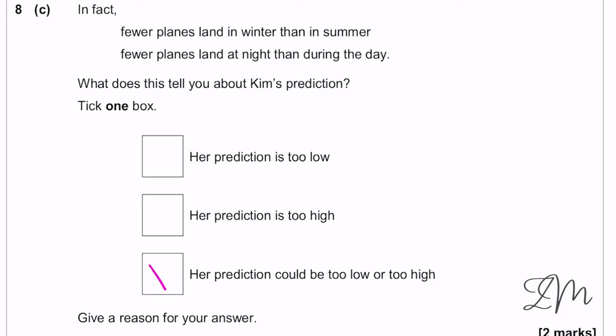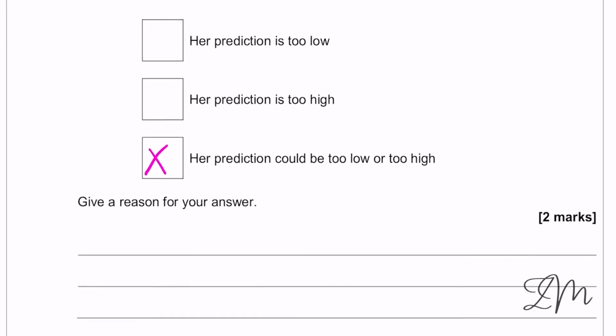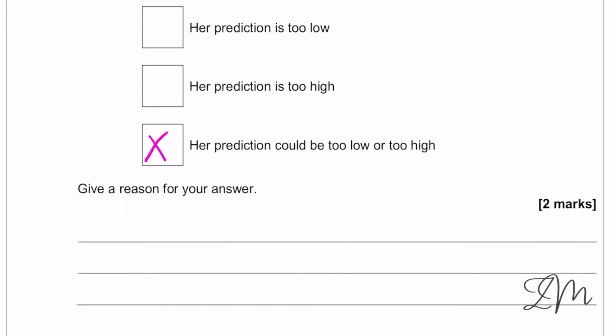So it could be either, because this statement here would make it too low, whereas this statement here would make it too high. And you would rewrite that, not too height, just too high.